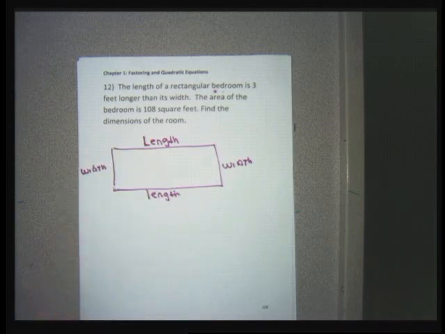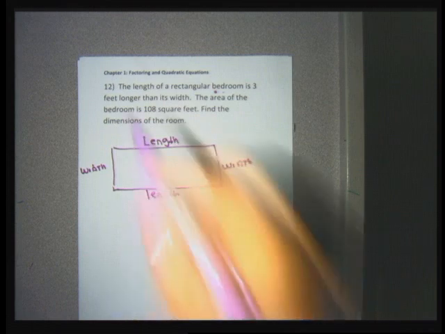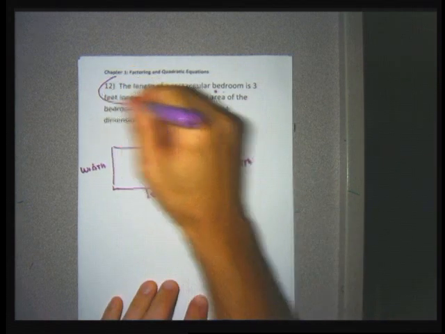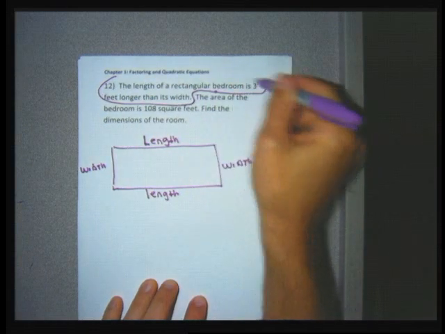I'm consistent for all rectangles that I do that on. So now I can't have two variables, and the first sentence is going to help me get the letters for this problem, and it'll help me get down to one letter.